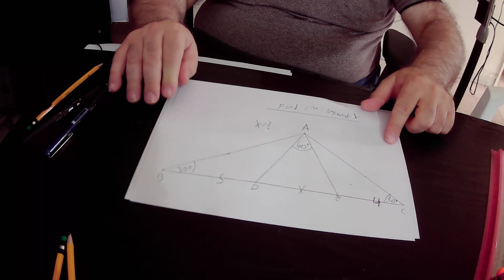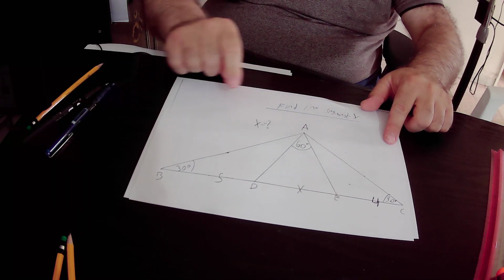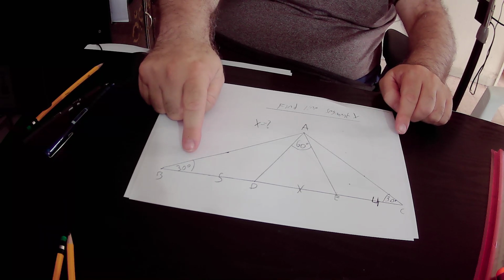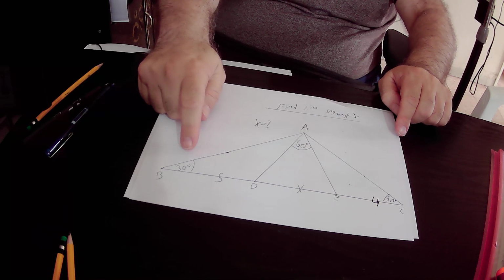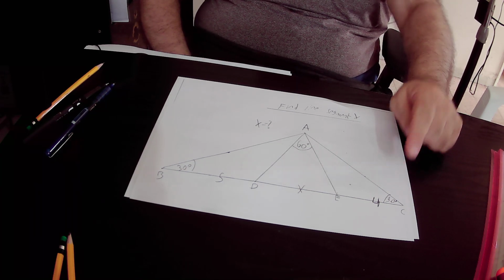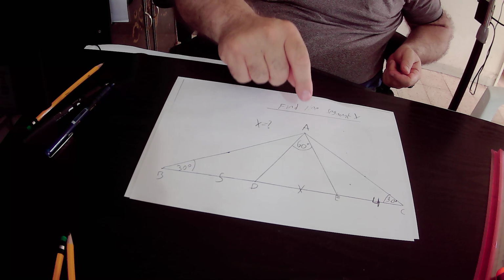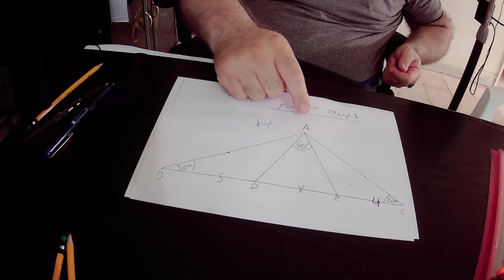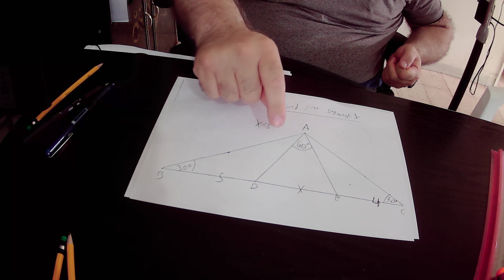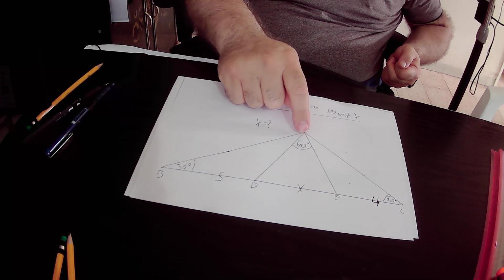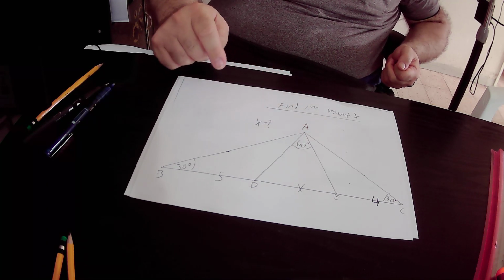In the drawing we have triangle ABC. We know that angle ABC equals 30 degrees. Angle ACB also equals 30 degrees. And inside triangle ABC we have another triangle ADE, and angle DAE equals 60 degrees.